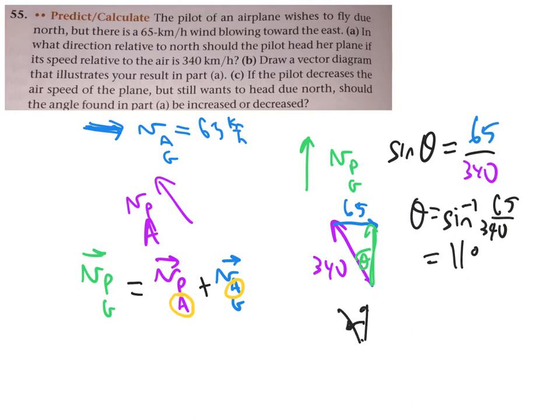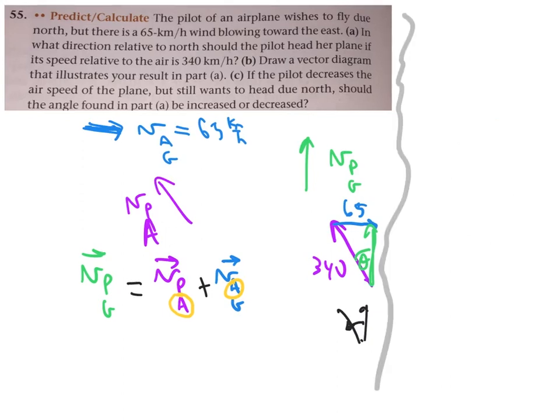All right, and then part C says if we decrease the airspeed of the plane but it still has to head due north, let's go and see what that's going to be. I'm going to leave the other one up for comparison, and we still have the 65. That has to go that way. But now the hypotenuse is smaller, so I need this to be a smaller distance.